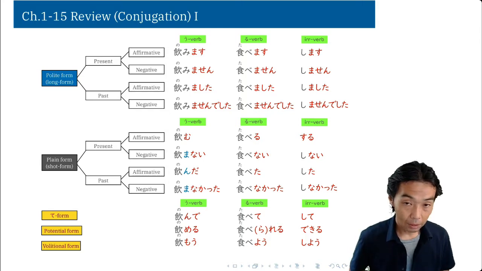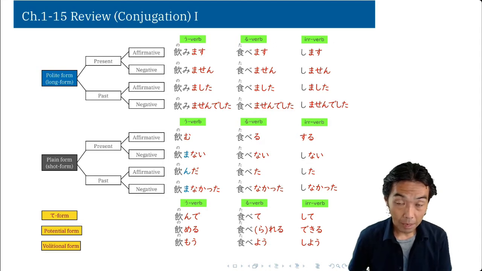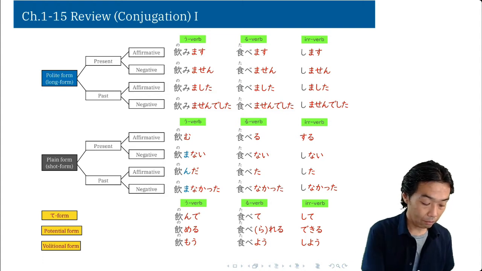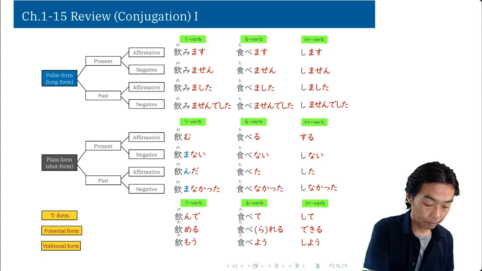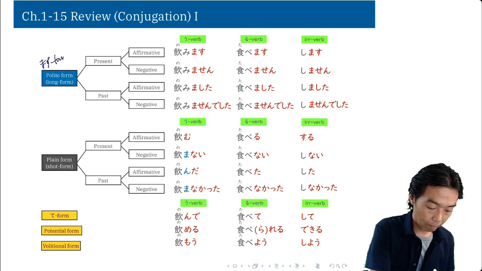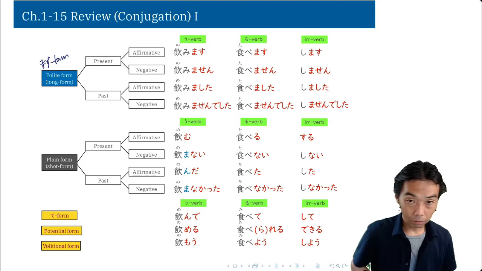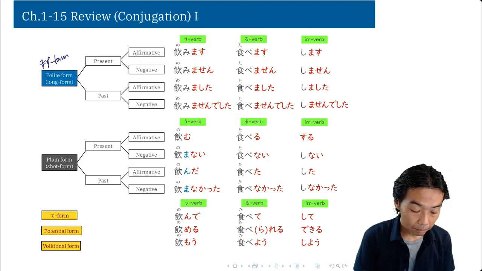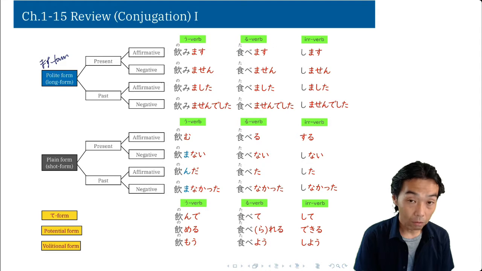The first, in Japanese, there are two different major forms. The first one is polite form, and the polite form is often called the Masu-form, or long form, since all polite forms end with masu.